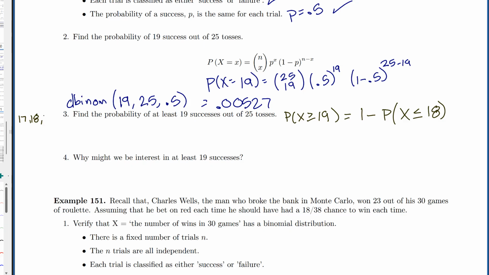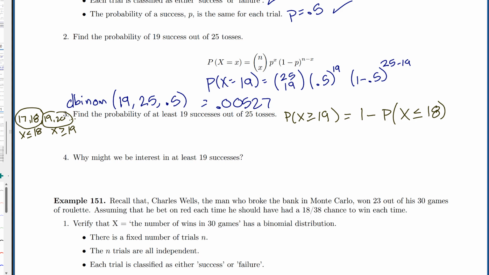So if we have 17, 18, 19, 20, dot, dot, dot, okay, I want x greater than or equal to 19. The complement, though, is actually that x is less than or equal to 18. That's the complement, okay? And so when I do the complement rule, I have to do 1 minus the probability that x is less than or equal to 18. So it does get a little bit more complicated.